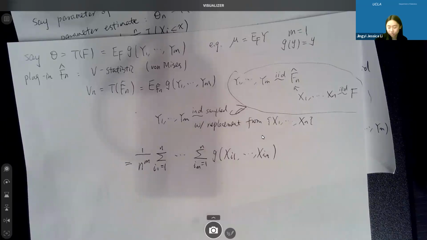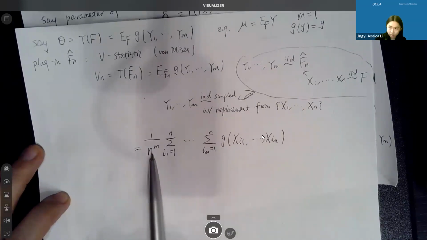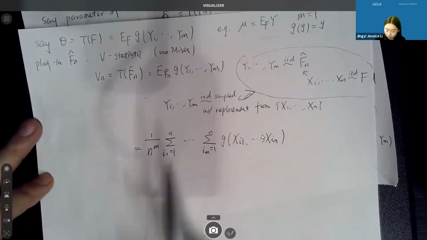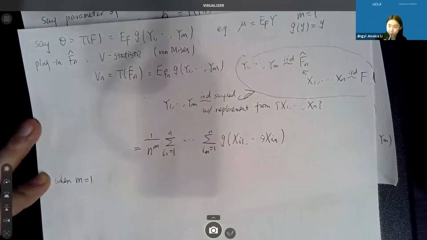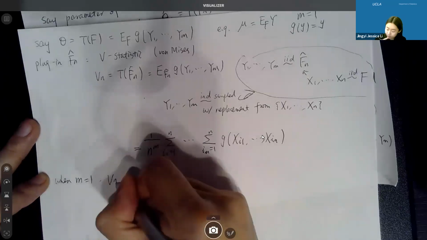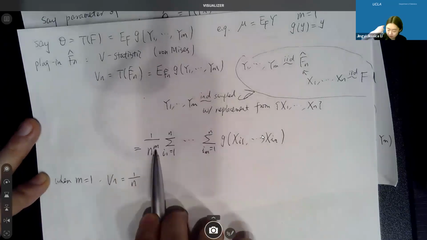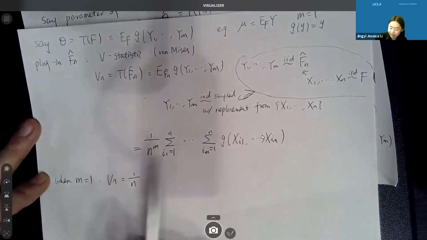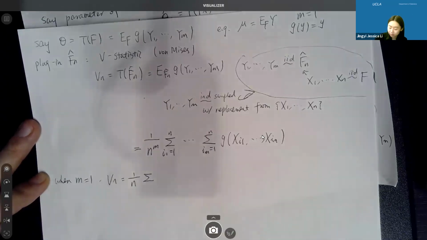Okay, so now if we're fine with this, let's make things simpler. Go back to the simple expectation functional when m equals 1. We have only one argument. So when m equals 1, it's pretty easy because V_n reduces to 1 over n, and the m sums reduce to one sum, because we only have one i1.